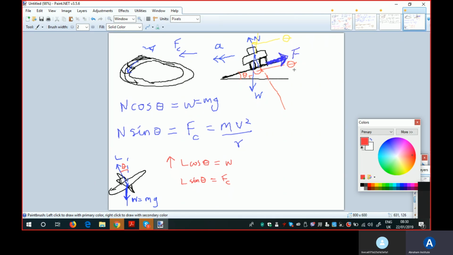Then in the amusement parks, you have something like this. A picture is given, and there is a child inside this. Let's say the child is here.